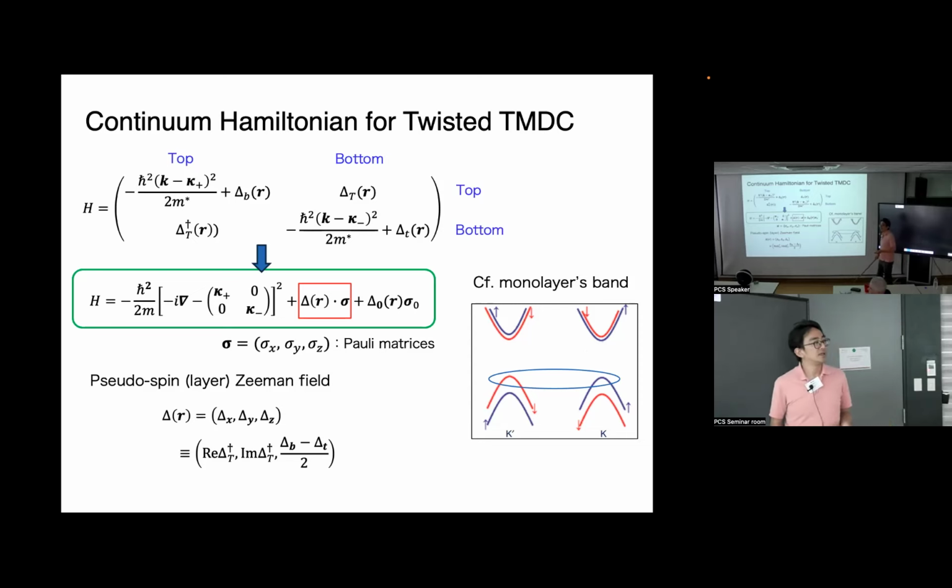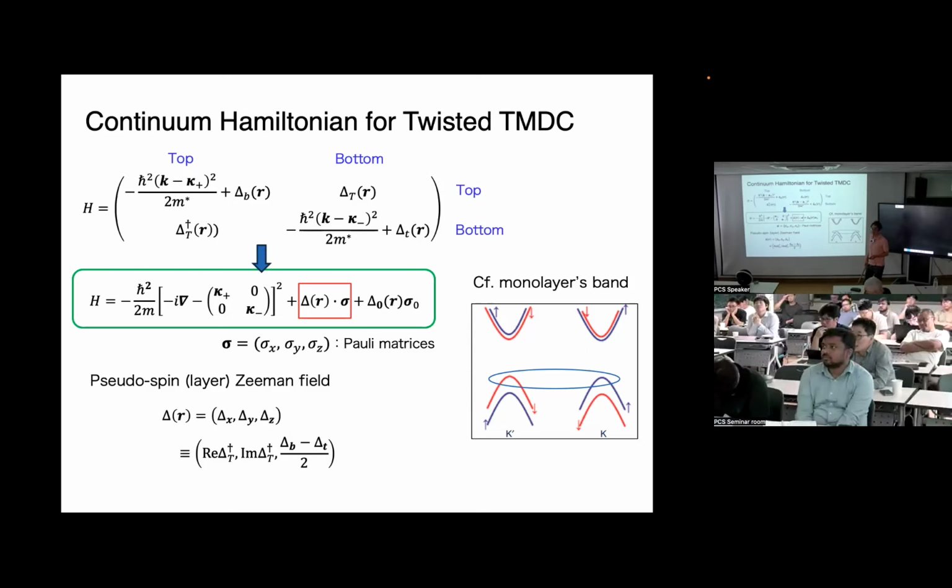Sorry, let me ask you a question just to check if I understand correctly. The difference between this system and bilayer graphene is the existence of this pseudo-spin Zeeman field, which also gives the big mass gap here. There are two things that give the finite Chern number.